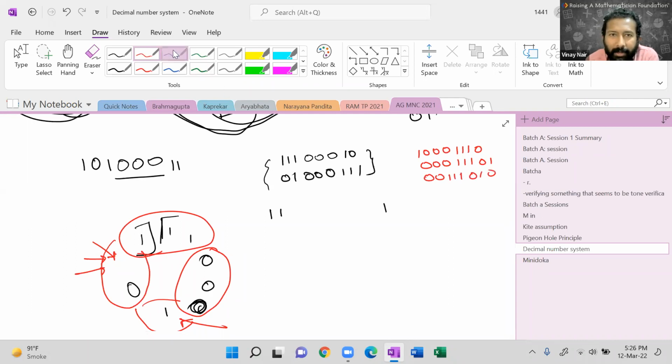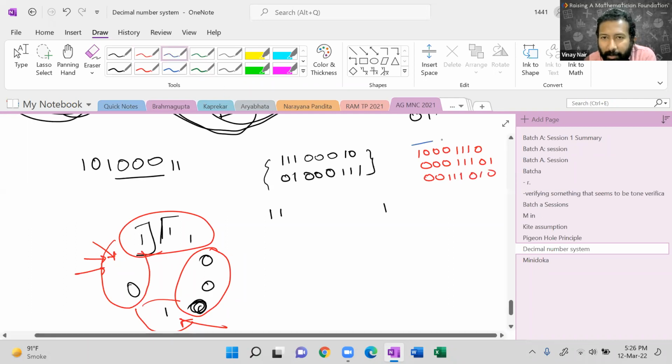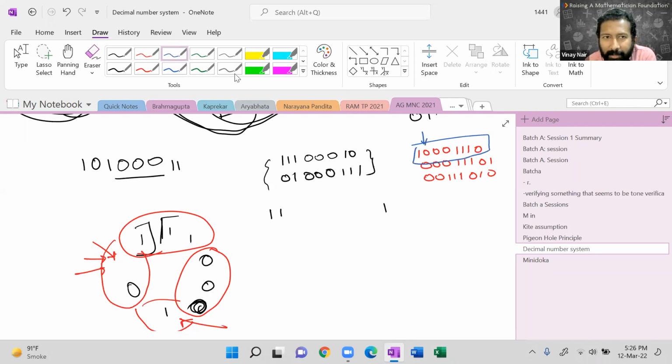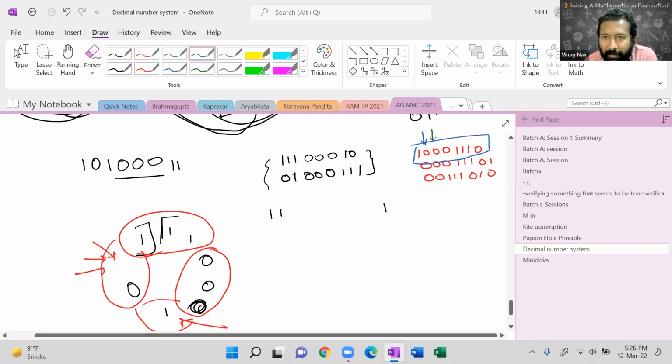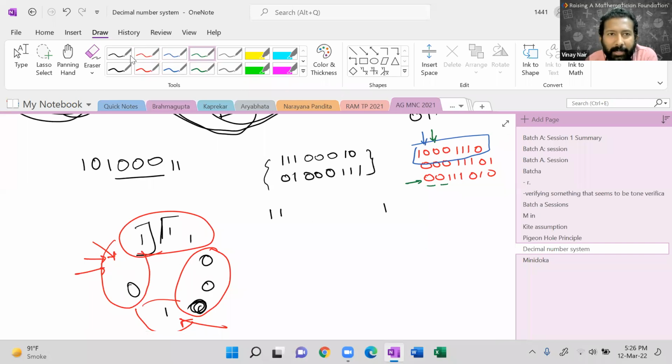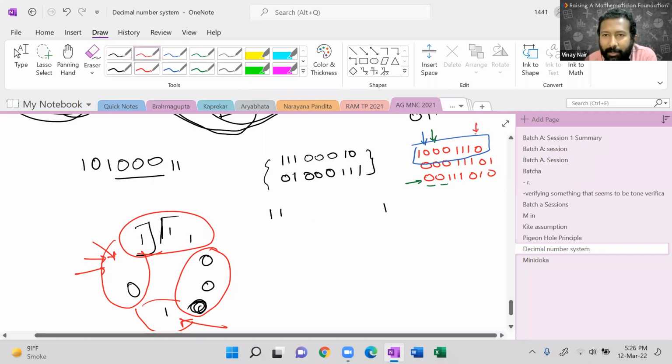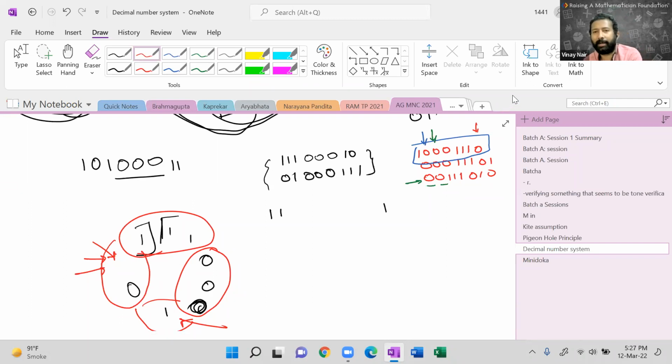Yes, sir. So what you're saying is, suppose this is the first arrangement. Next time you start from this place, and the third time you start from this place, right? So this is what she did. This is the third arrangement. And there are 8 places to start from, so that will be 8 different such arrangements, right?